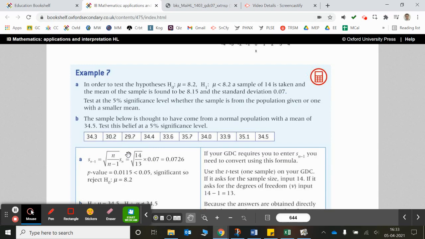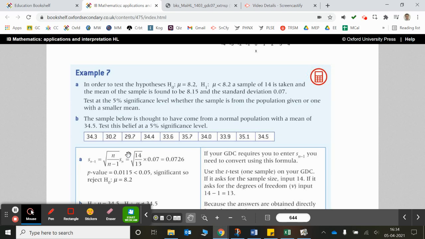I'm putting this in column A. 29.7, 34.4, 33.6, 35.7, 34, 33.9, 35.1, and 34.5.